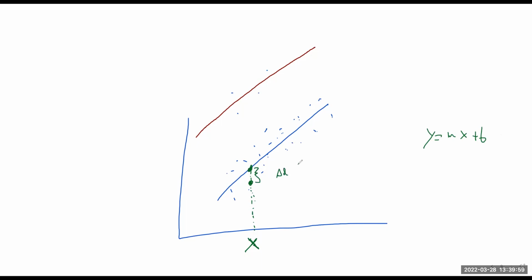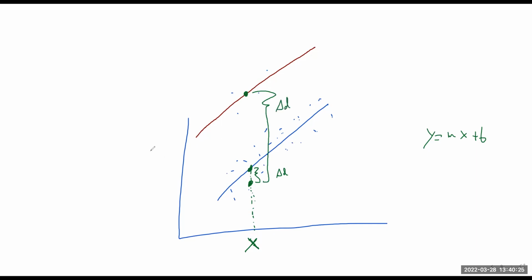Now this other line over here, do the same. If this is the real value, what is the predicted given this line? Here. Do you understand that? What's the difference between the real and the predicted for this line? That's the delta.